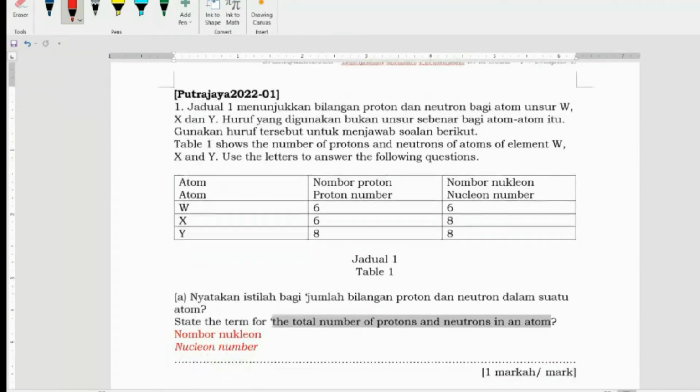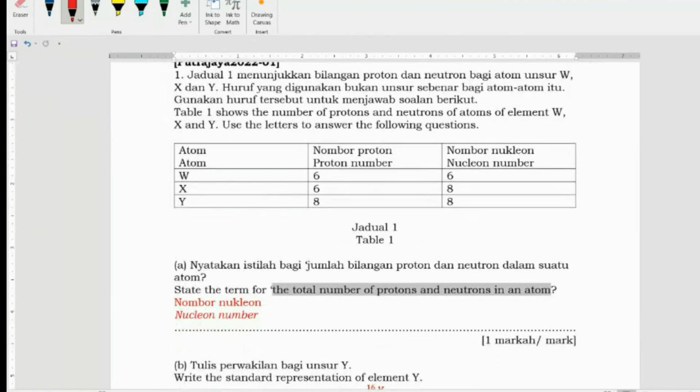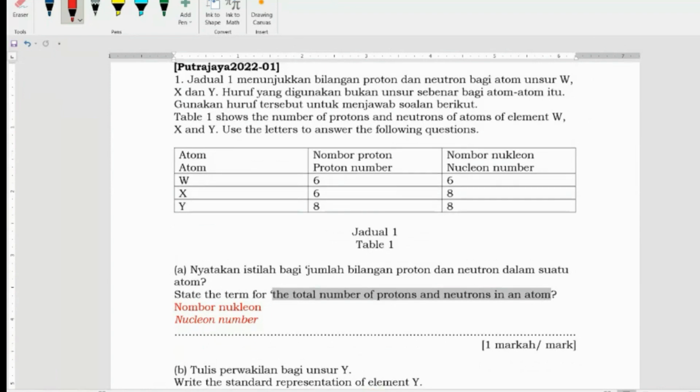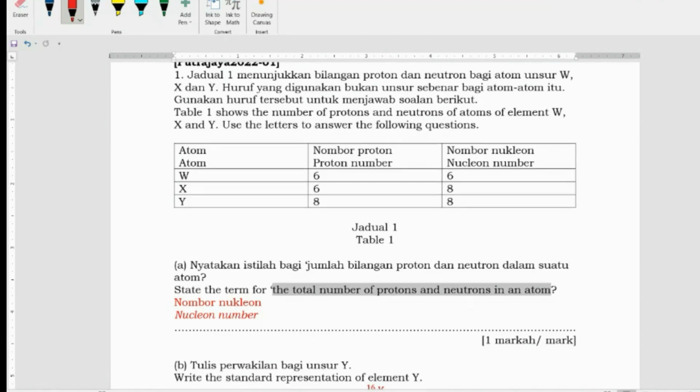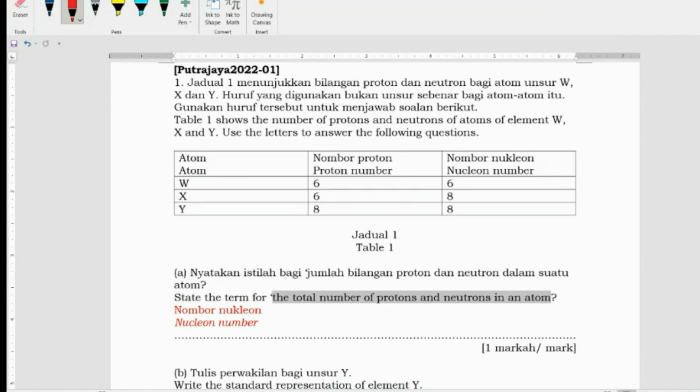Okay. Next question. Jonathan, B. I think you all can write first. Same as just now. You look into Y. Proton is 6. Nucleon is 8. Proton is 8.